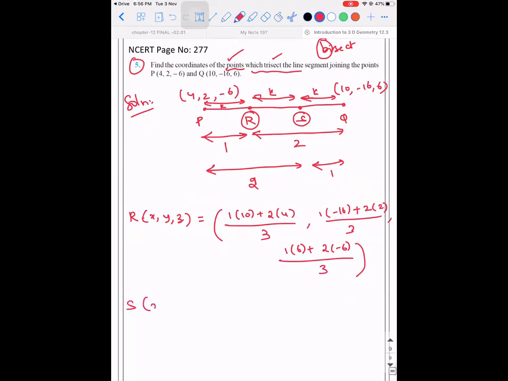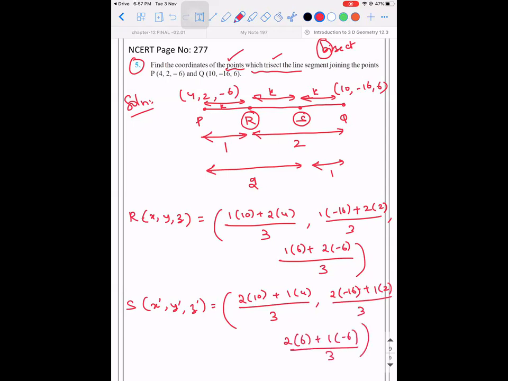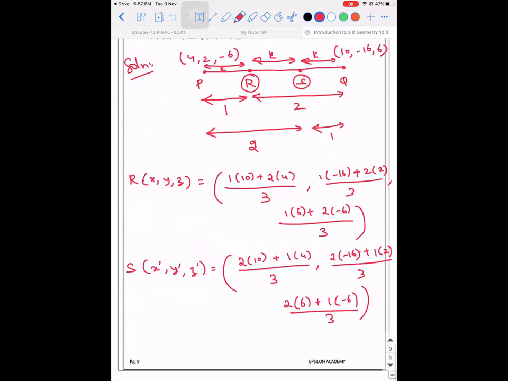If I call S as (x', y', z'), then it will be (2 into 10 plus 1 into 4) divided by 3, (2 into -16 plus 1 into 2) divided by 3, (2 into 6 plus 1 into -6) divided by 3. So those values I hope you can find.